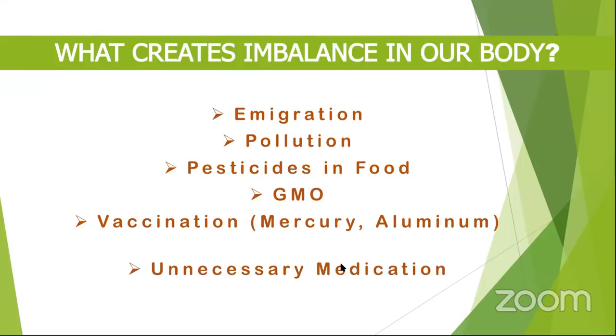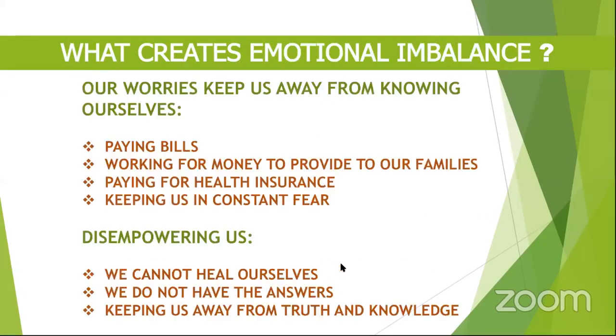A lot of pesticides in the food, GMO, vaccination, especially when they have a lot of mercury and aluminum in them. We don't need those elements, but we found those elements in the vaccines, and that's what causes imbalance and problems in the body. And also unnecessary medication. We take so many medications that it's impossible to bring balance to the body, because we're taking those products every single day.